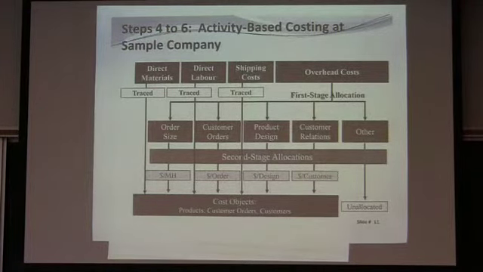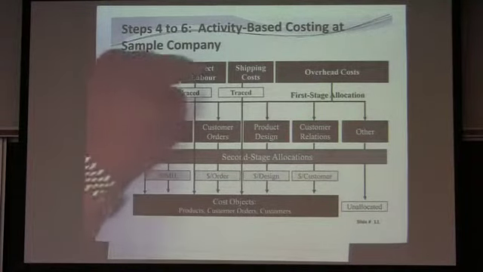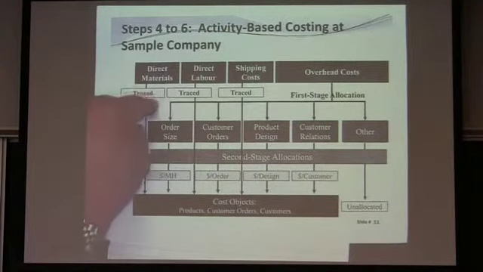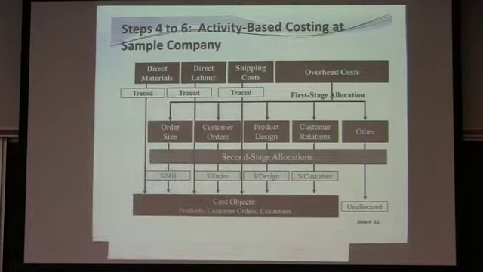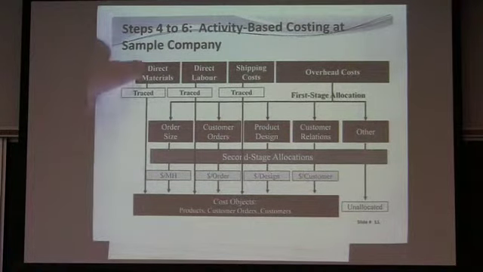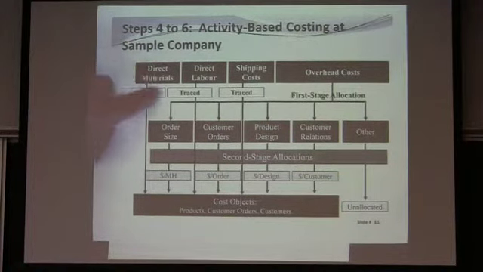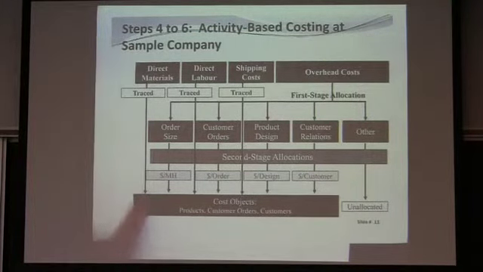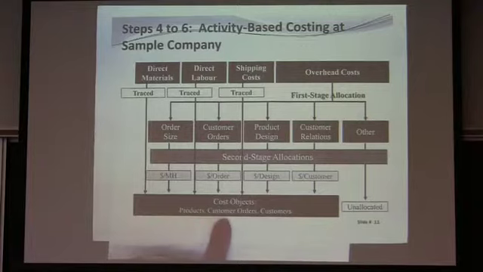We know that direct materials and direct labor are direct costs, and direct means we can specifically trace it to a product. Certain materials relate to certain products, so that's why they're traced. So we allocate whatever usage of that direct material and direct labor into each individual product.